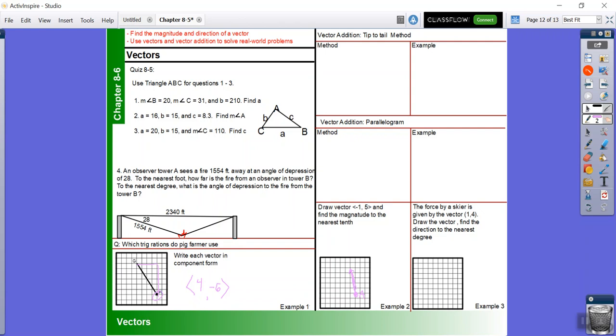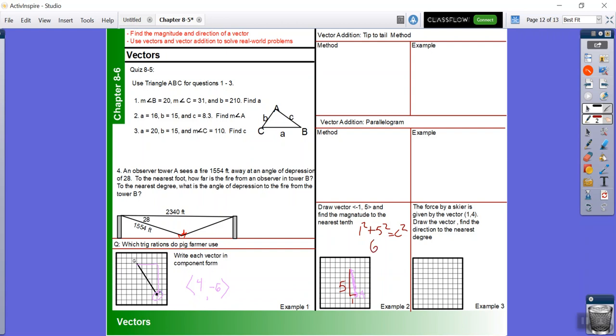And now I need to find the distance. To find the distance, I'm just simply going to use the Pythagorean Theorem. So I'm ending up with this triangle that has these side lengths. So we have 1 squared plus 5 squared, which is equal to c squared. So 1 squared is 1, 5 squared is 25.